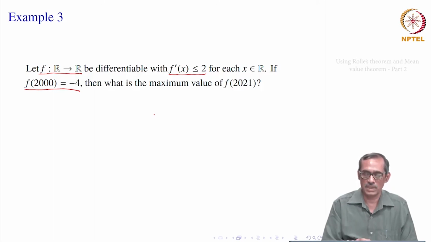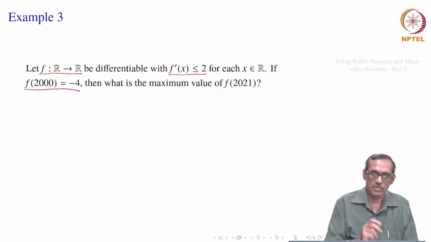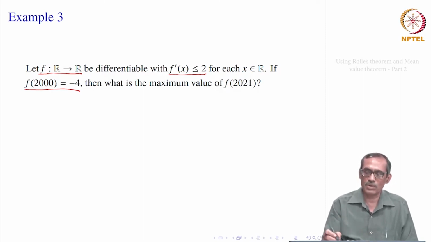That is the meaning of this. Given f, there is a maximum, but this says something else. It says you think about whatever f you may take, but if f prime x is less than or equal to 2 and f of 2000 is minus 4, then what could possibly be the largest value of f of 2021?